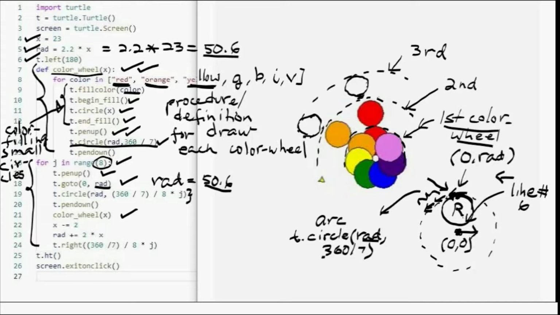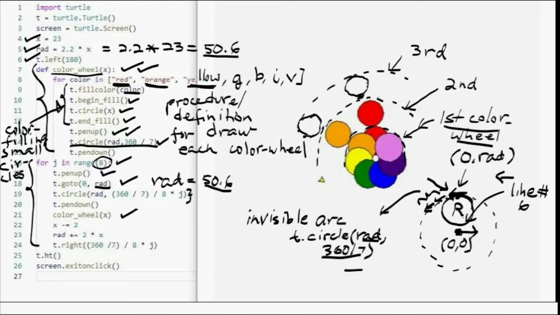And then the central angle over which we draw the invisible arc is 360 over 7.